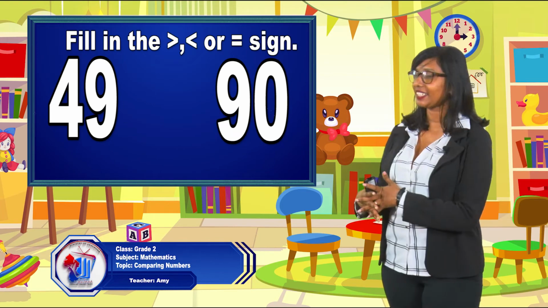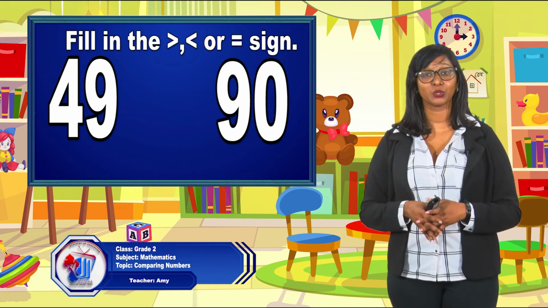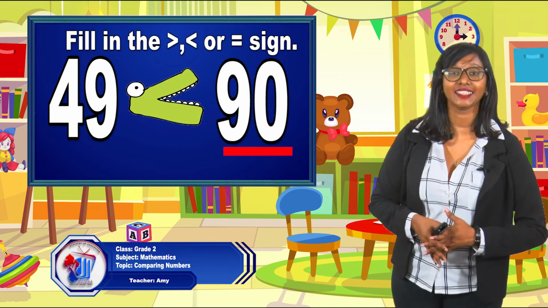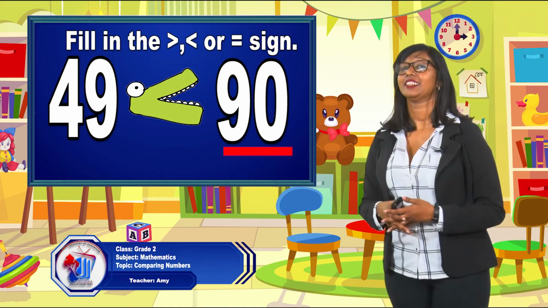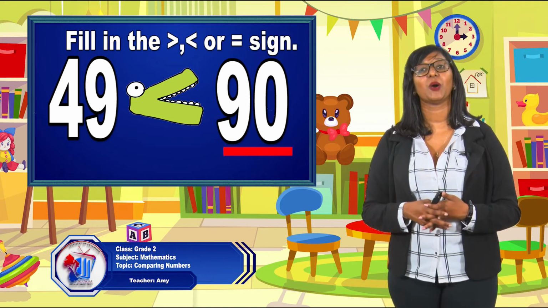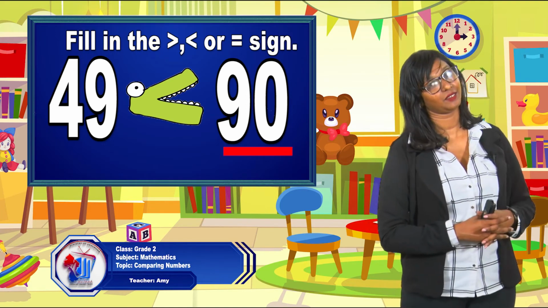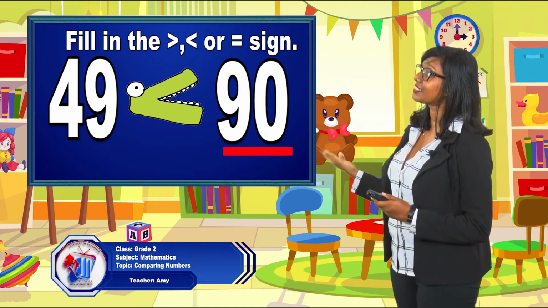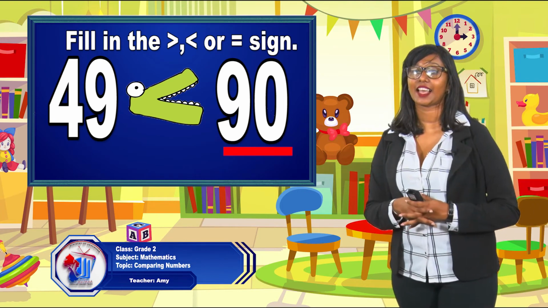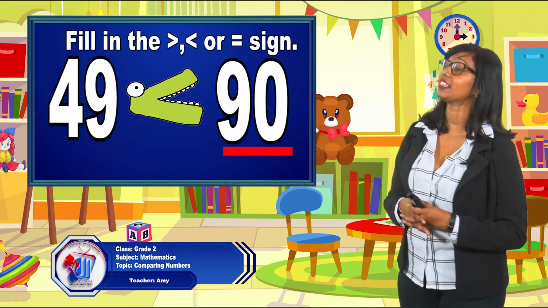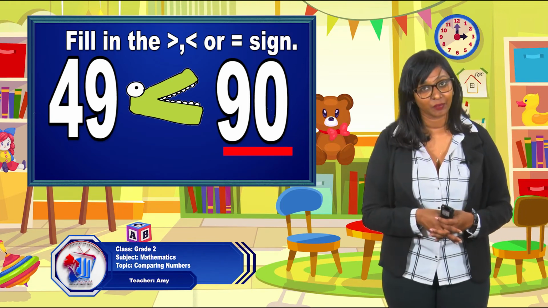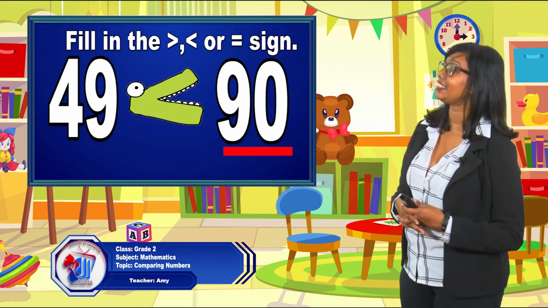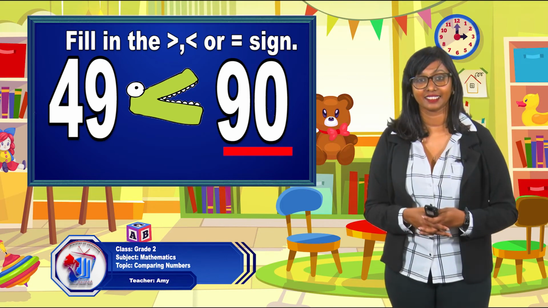So the mouth of the alligator will be open to 90. Good job. So if we're to read this, we're going to read it as 49 is less than 90.